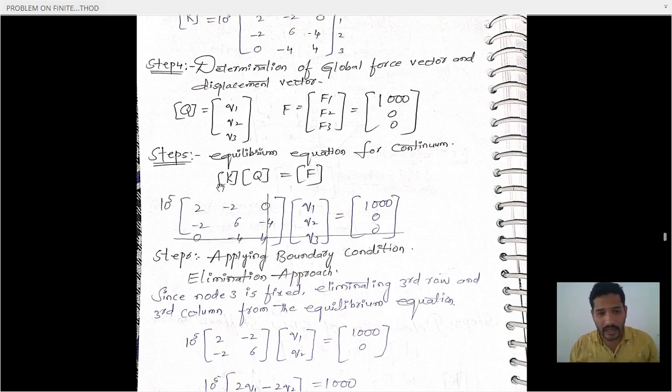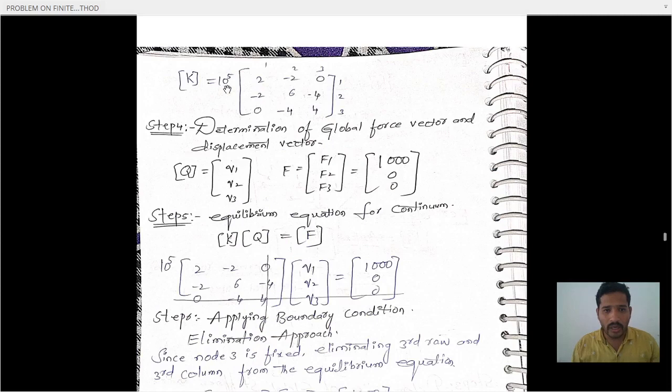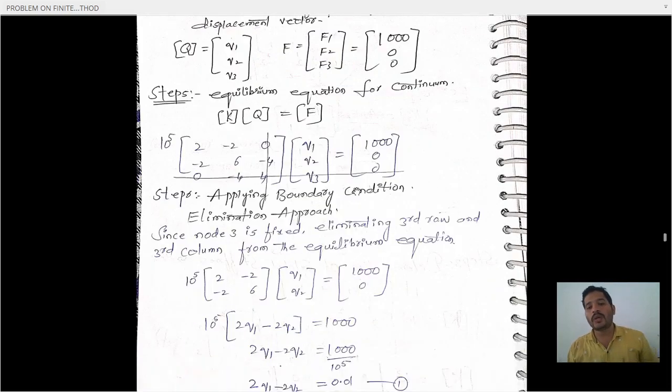Clear? And the K we already found: 10 power 5, 2, minus 2, 0; minus 2, 6, minus 4; 0, minus 4, 4. The nodal displacement Q1, Q2, Q3 equals F1, F2, F3. F1 value is 1000, F2 is 0, F3 also 0.